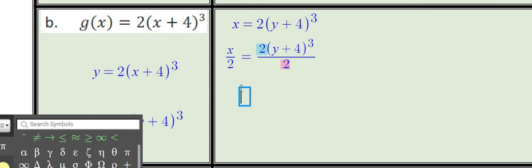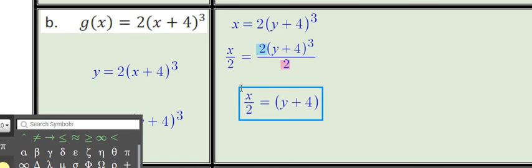So now we can bring down our x divide 2 equals the quantity y plus 4 raised to the third power.